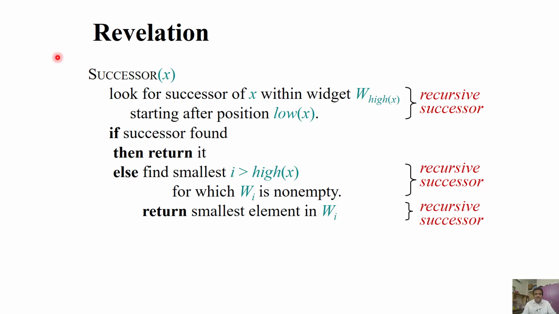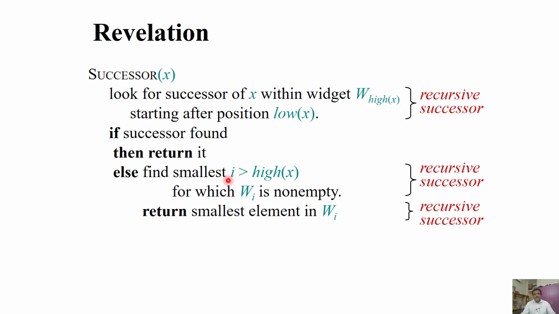We can think of a recursive call, successor of x comma W. Here, this is also a successor call, because this is a sub-widget of W high. We are looking for a 1 after low of x, so that is a successor call: successor of low of x comma W high.